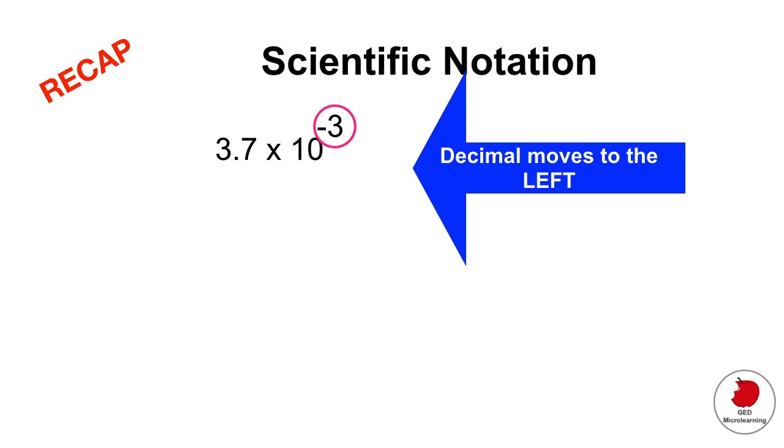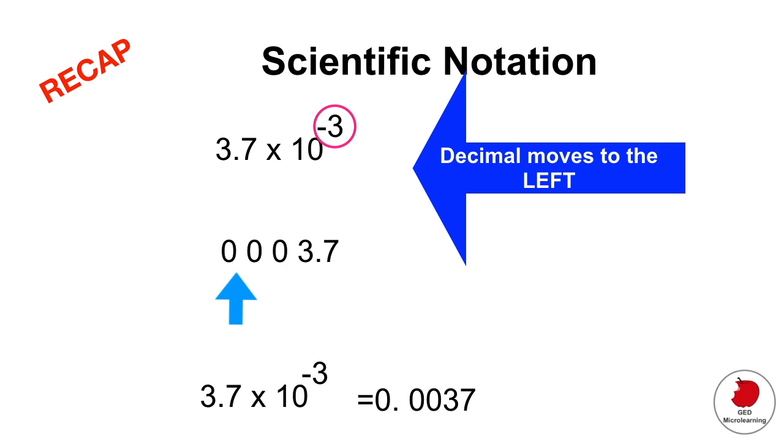Okay, so if we were to rewrite 3.7 like this, we would move the decimal point 3 spaces to the left. So that would be your complete answer. That is what 3.7 times 10 to the minus 3 is equal to.